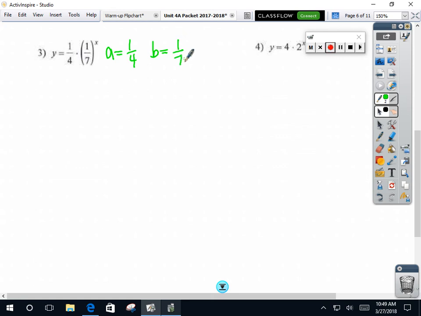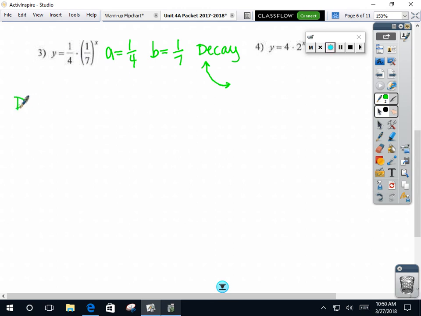I am trying to teach. Is this a growth or a decay? Decay. Okay, so it's a decay which goes down from left to right. Will it stay like that or will it be reflected? It'll stay because your a value is positive. So you know this is what it's going to look like on the calculator screen.